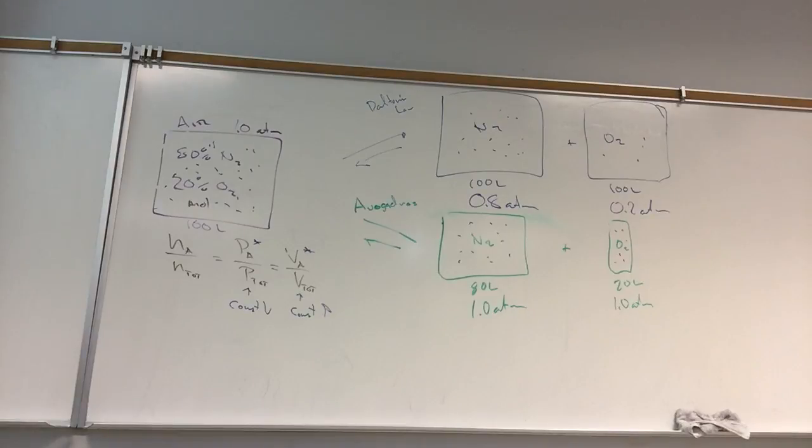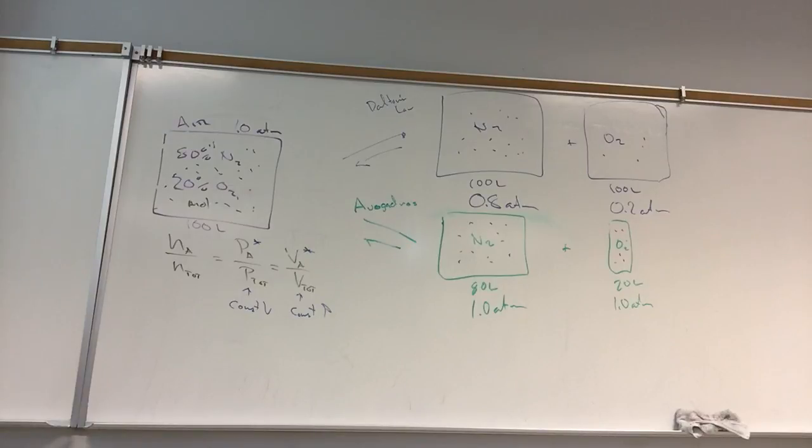But we have to get comfortable with both ways because in an experiment we're going to do in the future, we're going to first look at the mixture as a Dalton's and then switch it to Avogadro's, or vice versa, I think, again.